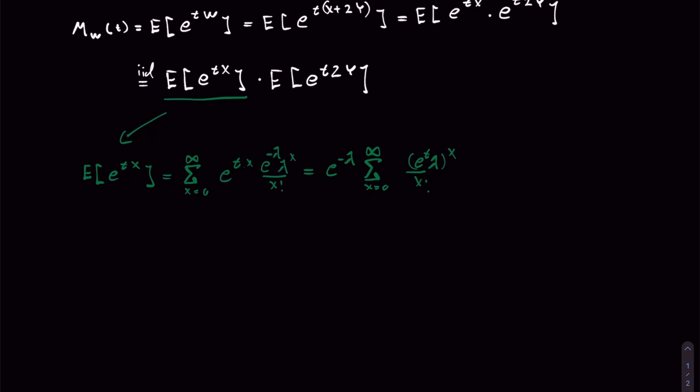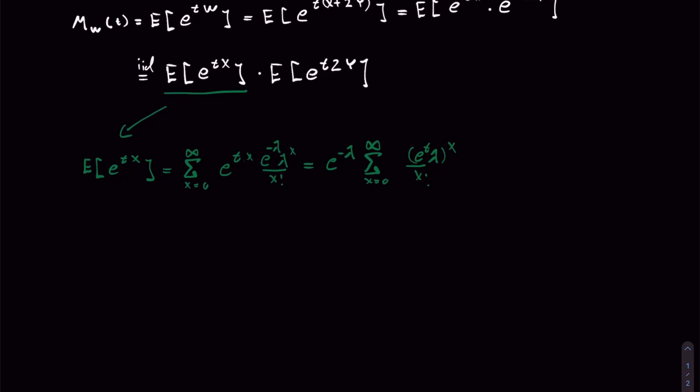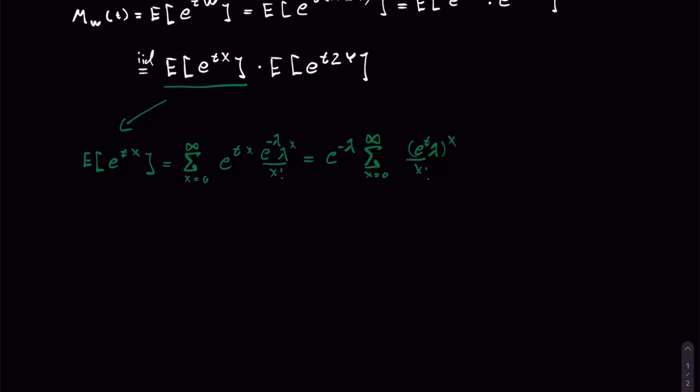And now we can use the Taylor series to say that this is the exponential of the following term here: e to the t lambda.